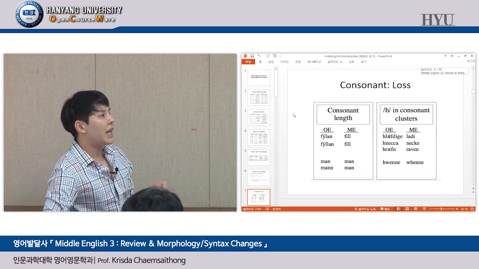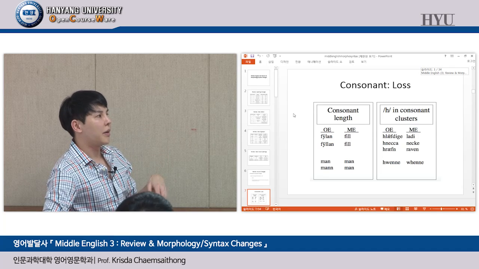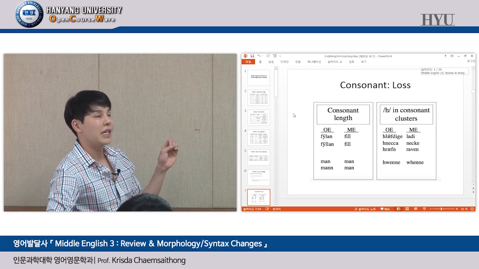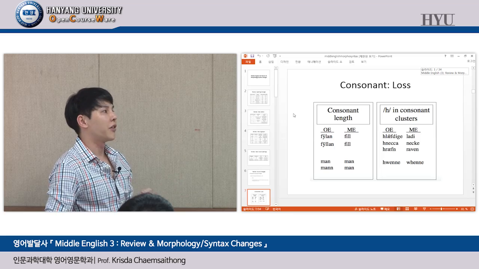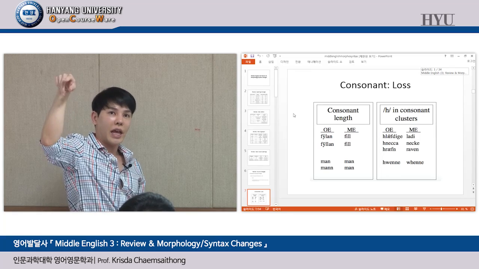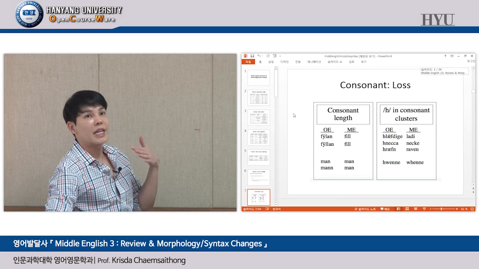For fillan and fill, they just level it off with double L. But in terms of pronunciation, it's just one L. So when you write a phonetic transcription for fill, it's F, and then short E, and then L. So just one L, right? The spelling doesn't matter, but the sound is out.